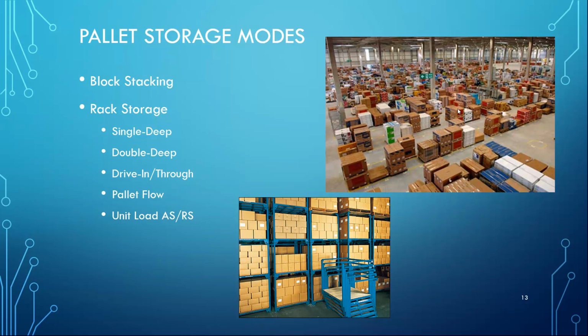Not only that, but you are also not utilizing the vertical dimension of the facility. You cannot put them on top of each other for a large height. That's why you have them in a block or a stack of maybe two or three pallets on top of each other, but you cannot put more. And if you cannot put more, that means you are not utilizing the vertical space.